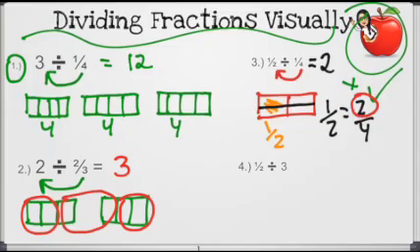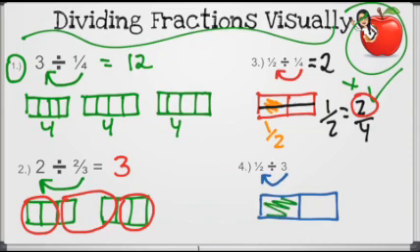This time I'm dividing a whole number into a fraction. So when 1/2 is divided into 3 groups, how large is each group? Let's make an illustration. Here's 1/2, and I'm dividing it into 3 groups.